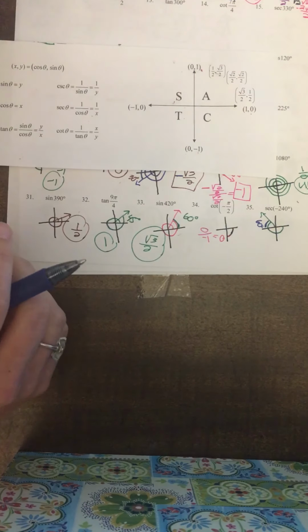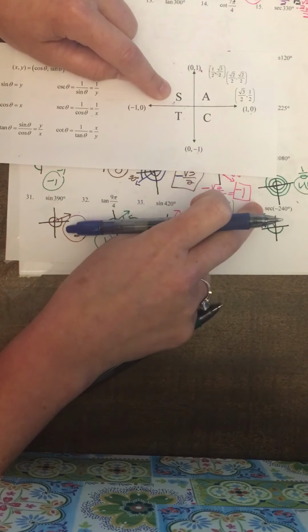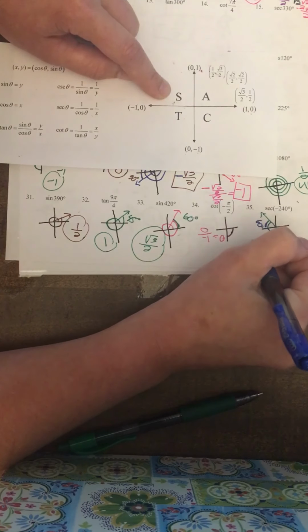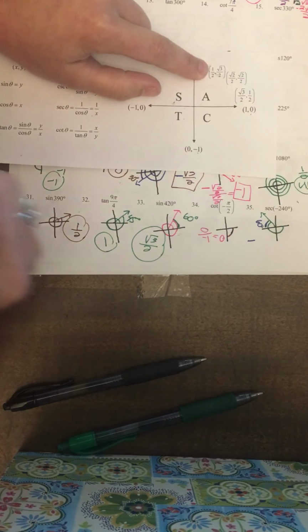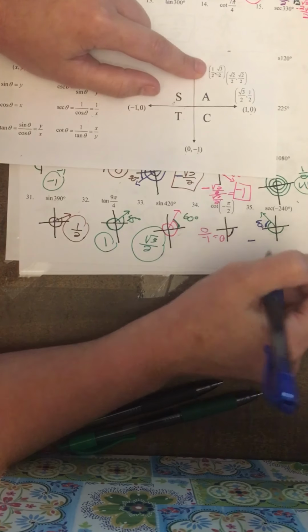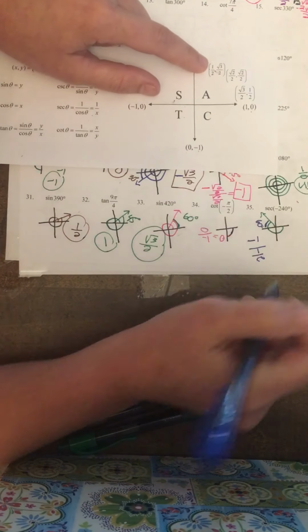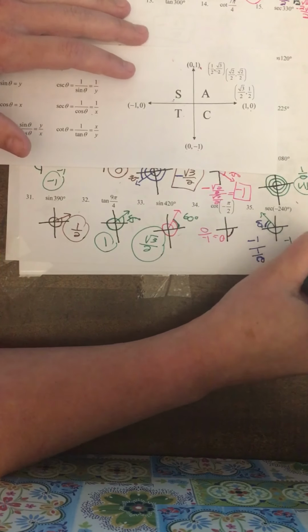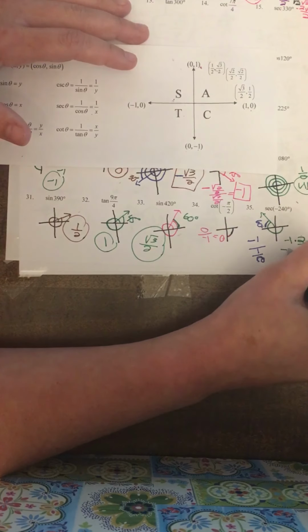In the second quadrant, only sine is positive, and since the secant is the reciprocal of cosine, that means that our secant is going to be negative, and we need to find cosine of 60 degrees. Remember, cosine goes first, so that's -1 divided by 1/2. That gives us -1 times the reciprocal of 1/2, which is 2 over 1. So our answer is -2.